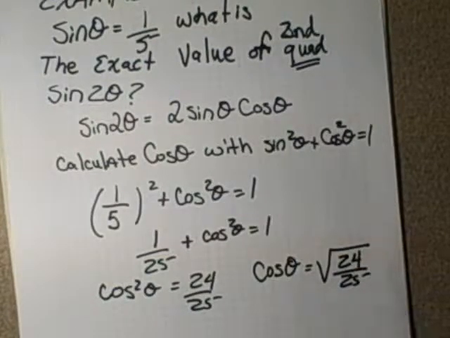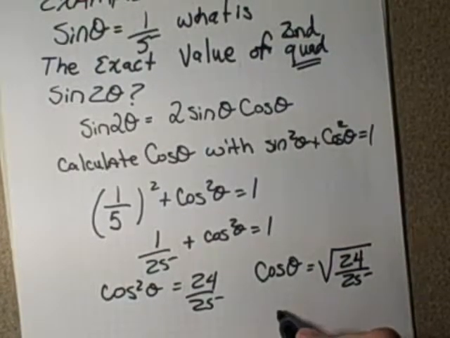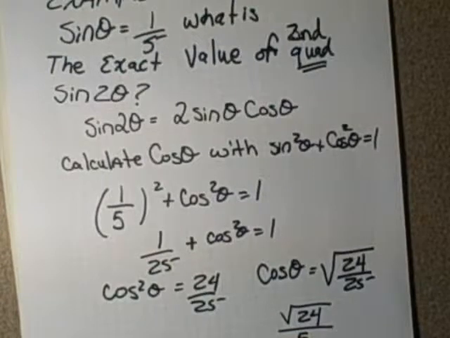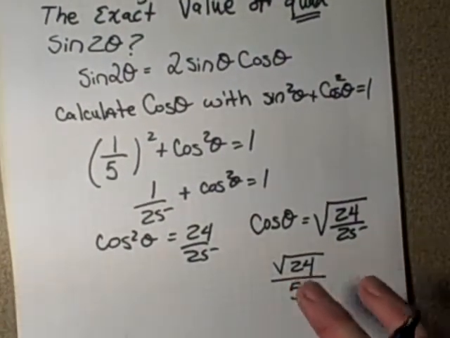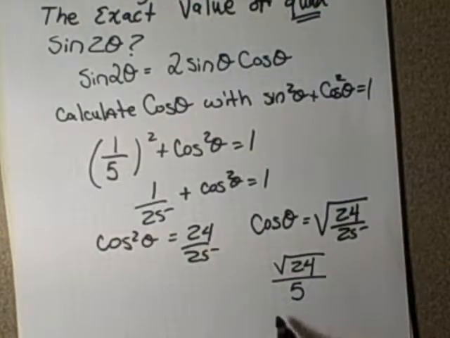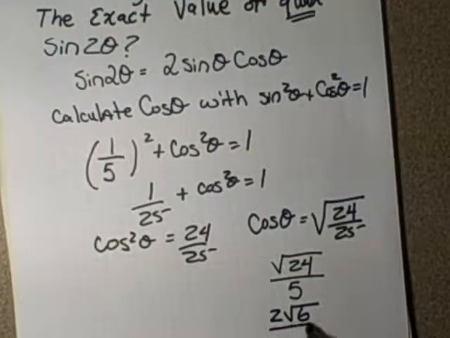We can say this is root 24 over root 25, which is root 24 over 5. If we want to reduce root 24, we can take out a perfect square of 4. If we take 4 out of that, that gives you 2 root 6 over 5.